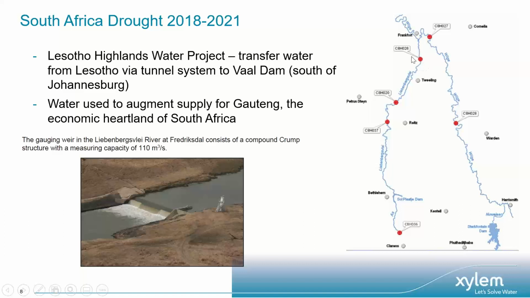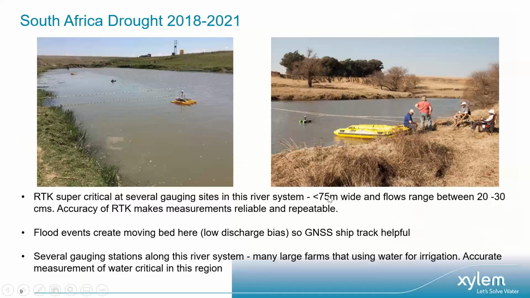And it is the last station before we reach this fork in the system, and then this water eventually flows up to the Mead Dam. So at this site, there's a crump structure here, and the measuring capacity at this location is 110 cubic centimeters per second. So let's look at some of the data and photos from the site.